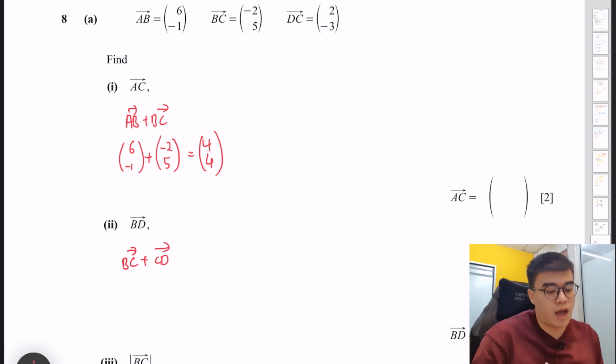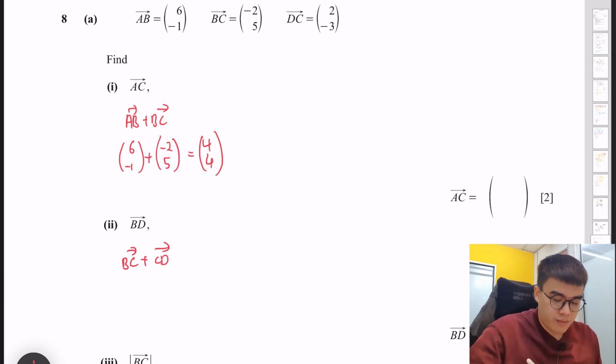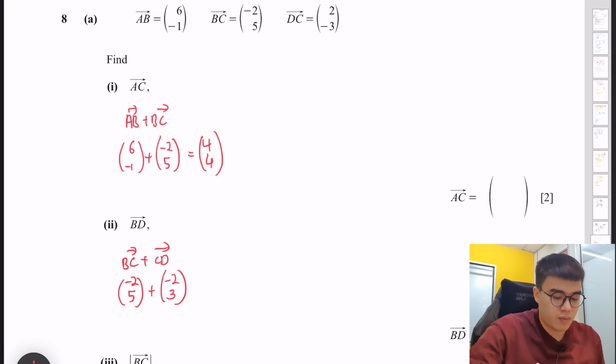So whatever that we have in DC, if it's a positive originally, it will now be changed to negative, while if it's negative, it will now transform into positive. So what we have will be -2, 5 plus -2, 3. So the final answer will be somewhere around -4, 8. So this will be our part 2's answer.